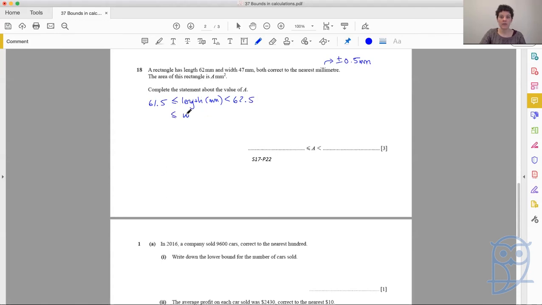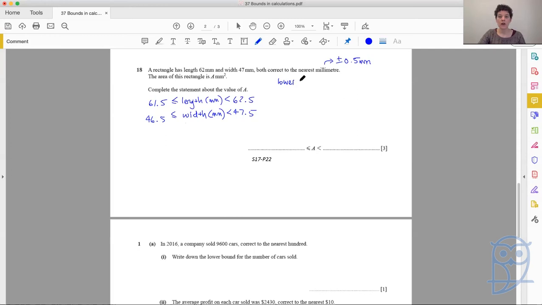Then we have width, also in millimeters. 47 minus 0.5, 46.5. 47 plus 0.5, 47.5. So now we need to do the lower bound and the upper bound for the area.